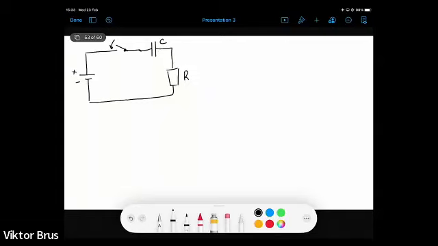It's equivalent to this switch. If it's an open switch, a capacitor could also be considered an open switch for electric current to pass through. However, it takes some time to charge this capacitor. So it should get some positive and negative charge on its plates.